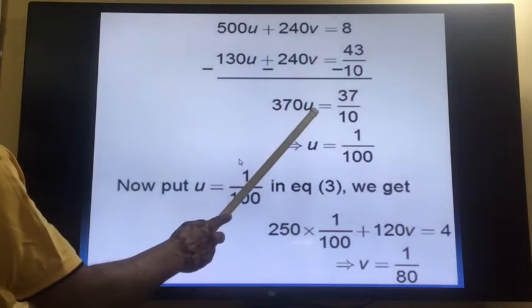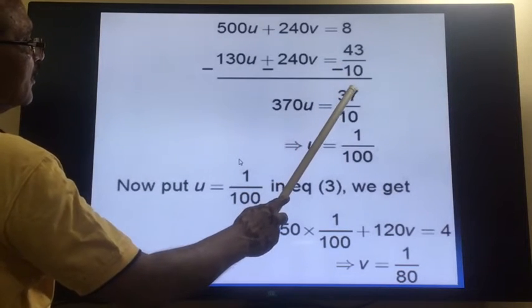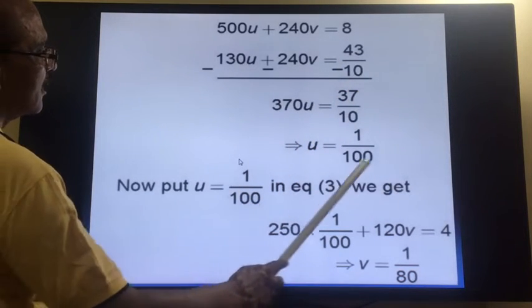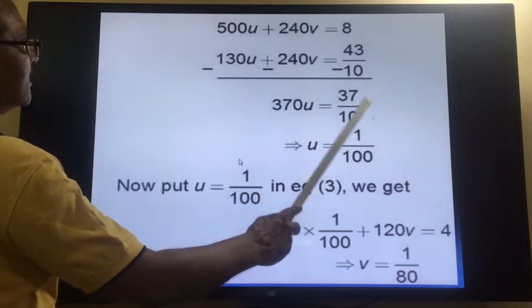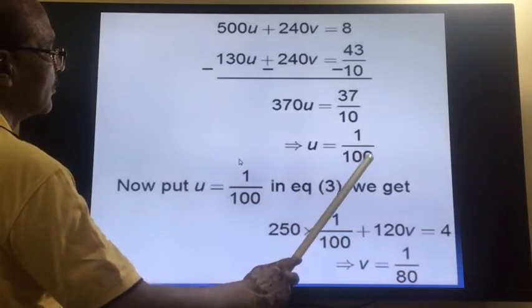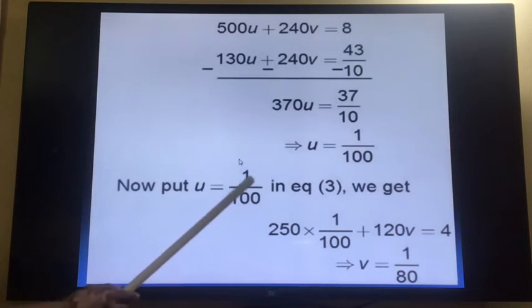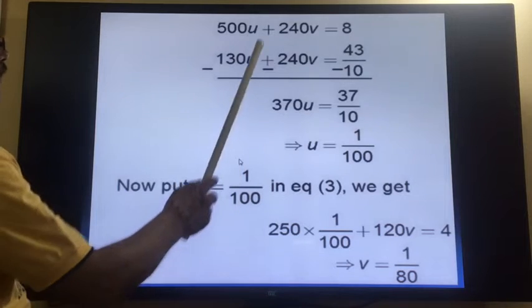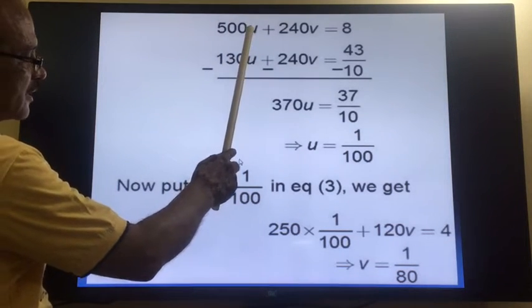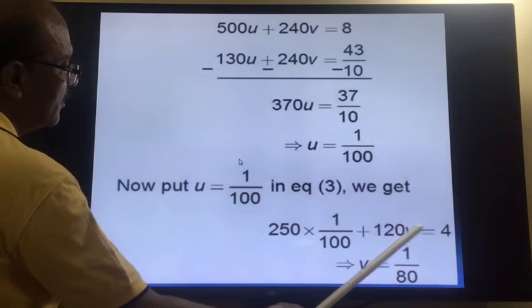So 370u, so u is equal to 37 upon 10, and 370 will also go in the denominator. So 37 will go 10 times. So we will get 1 upon 100. So we got the value of u is equal to 1 upon 100. Now this value of u we will put in the first equation. The first equation was 250u plus 120v is equal to 4.